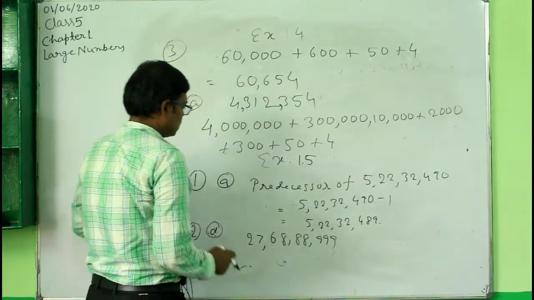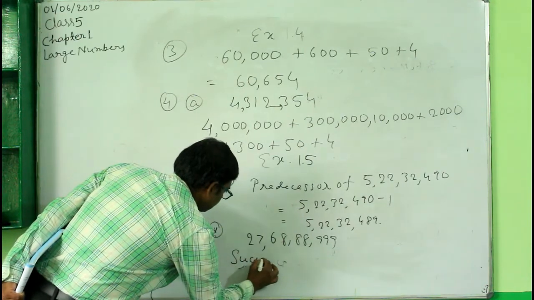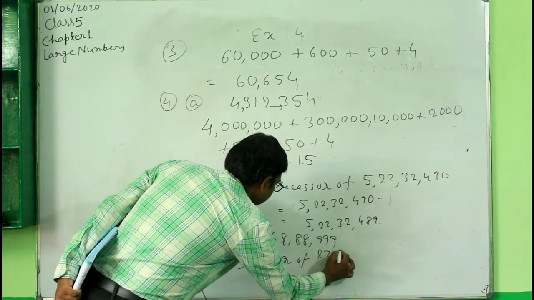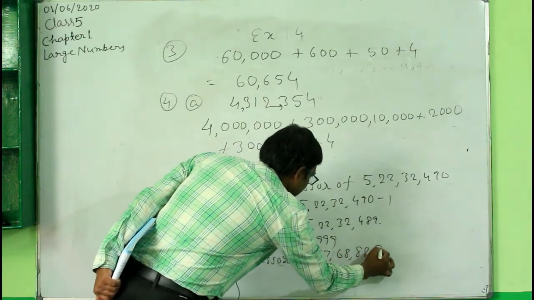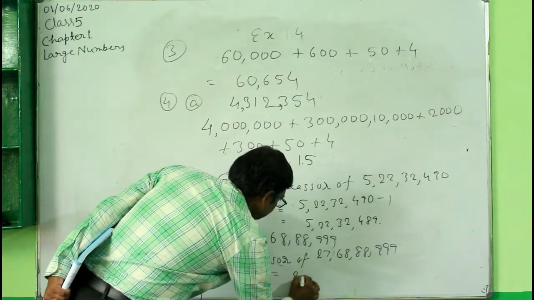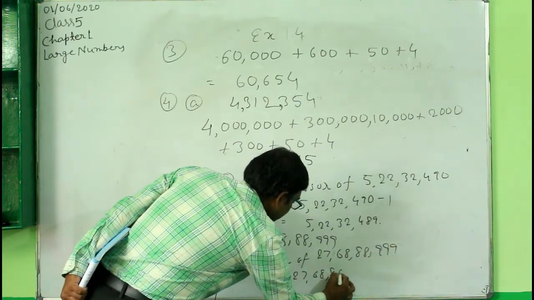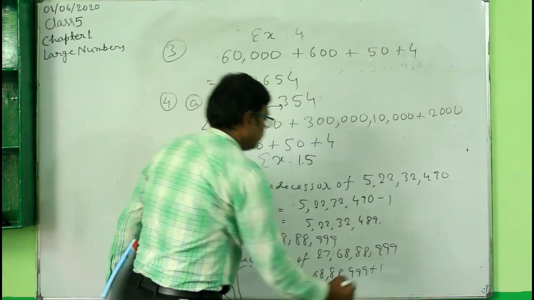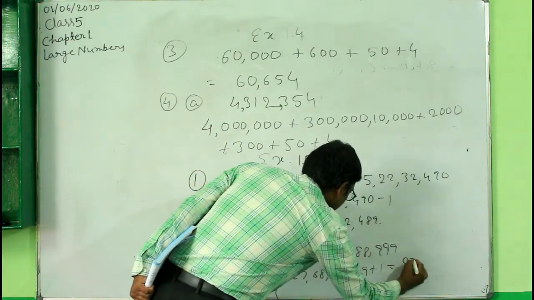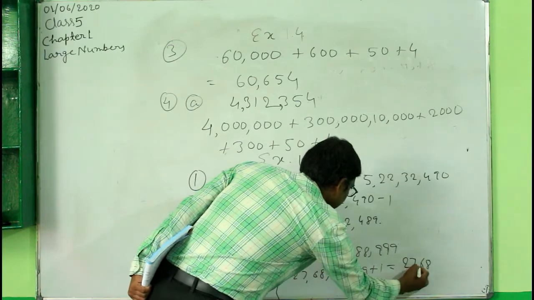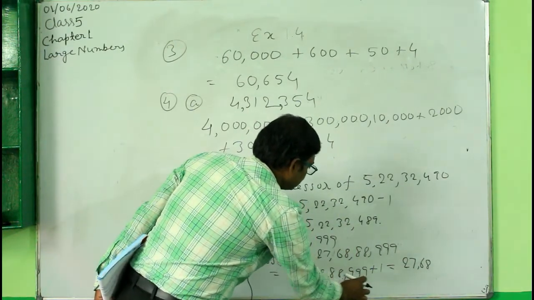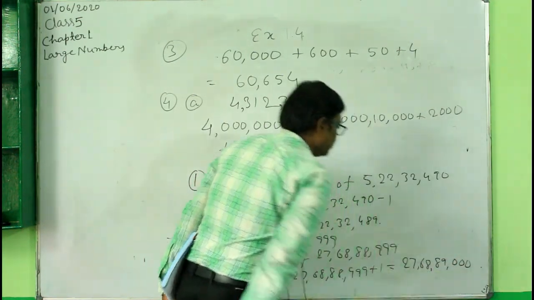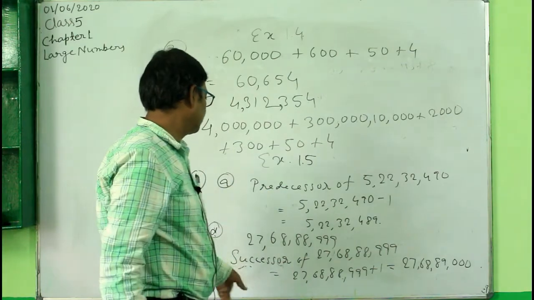The successor of this number equals the number plus 1. It will be 2768, and when you add 1 to the last part it will be 1000, so 1 is added here and it will be 89, 89000. So this is the answer. This is the successor of this number.